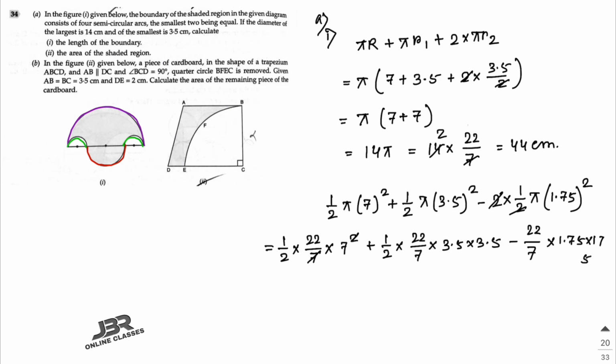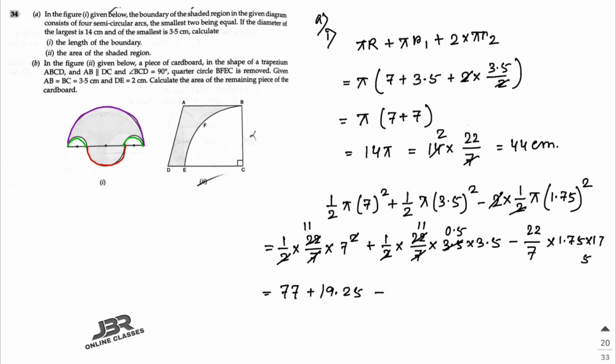Okay, 1.75. So here the 2 cancels out with this one, it's 11. So 7 into 11, 77. Next one here 2 cancel out with this one, it becomes 11, and here 7 cancel out with this one, here 0.5. So here you can write down 11 into 0.5 into 3.5. So that means here 19.25.